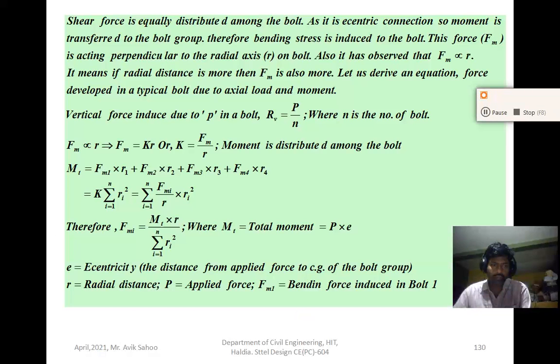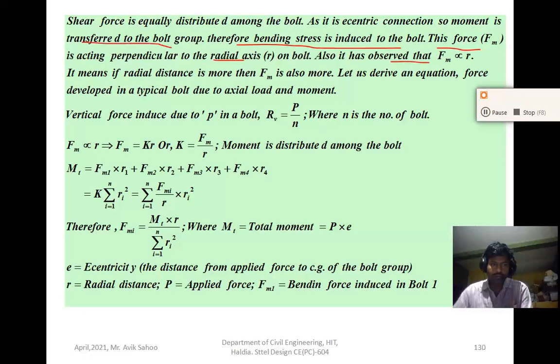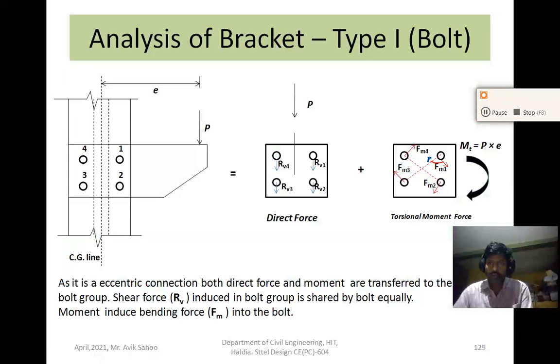Also, it has been observed that Fm is proportional to R, which means the bending force induced in the bolt is proportional to the radial distance. If the radial distance is more, then the bending force is also more.